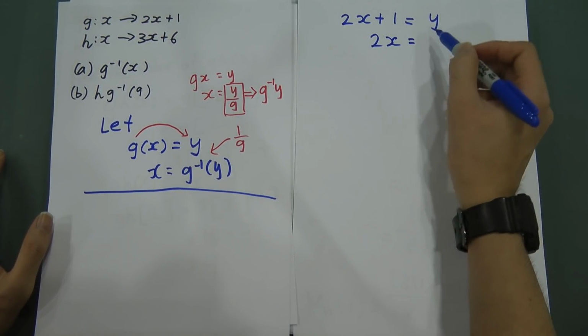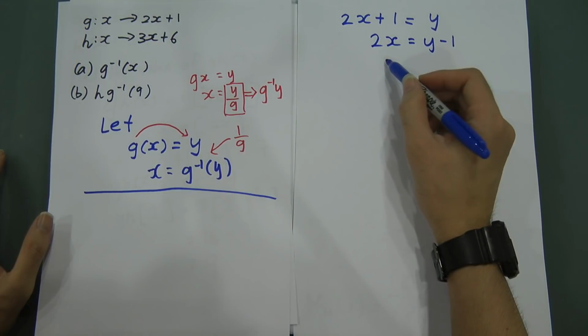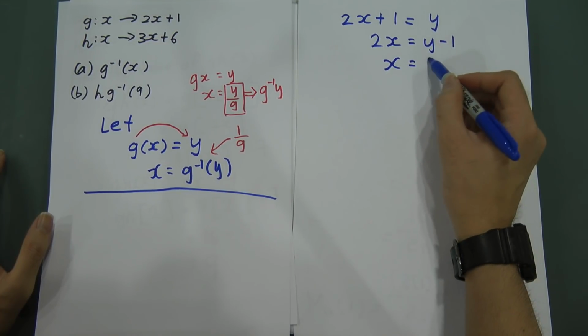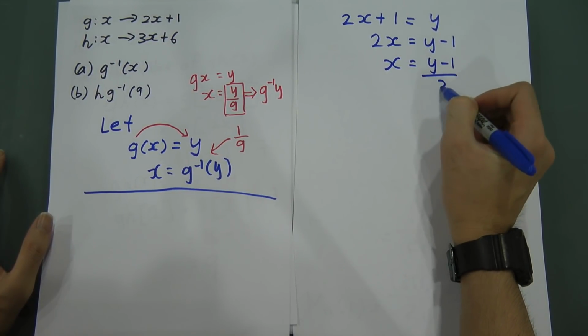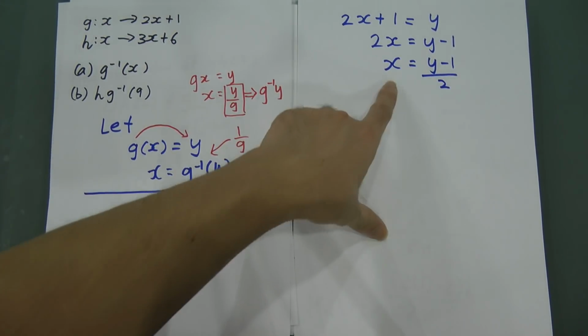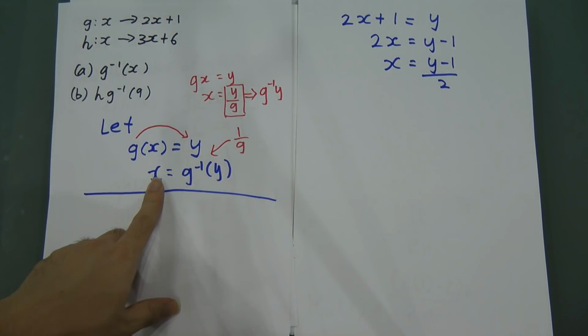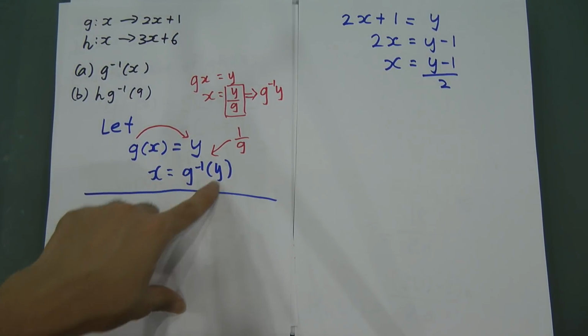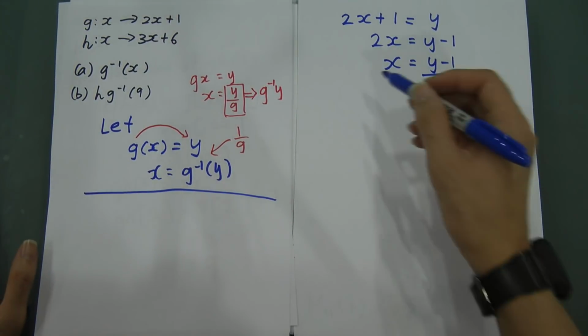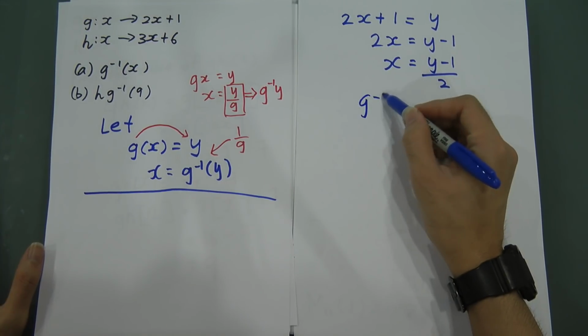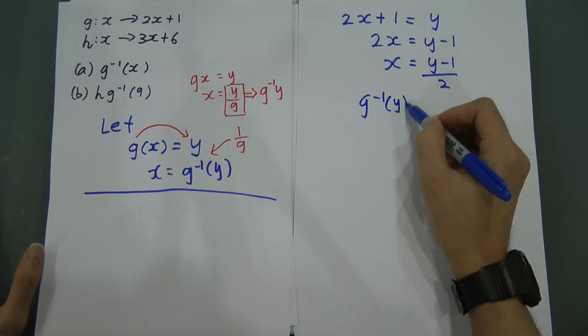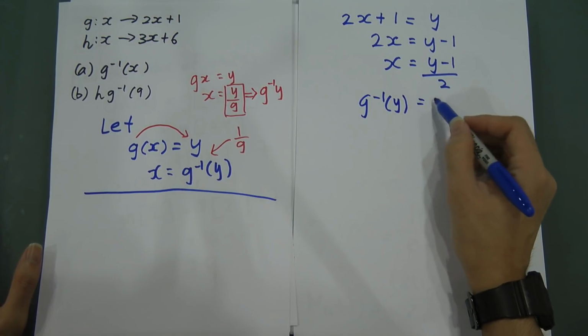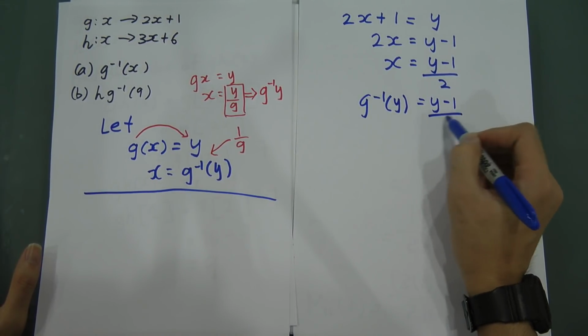So 2x will equal to y minus 1, and x will equal to (y minus 1) divided by 2. See, when you get x already, then you know x is equal to g inverse y. So I just substitute this one back: g inverse y is equal to (y minus 1) divided by 2.